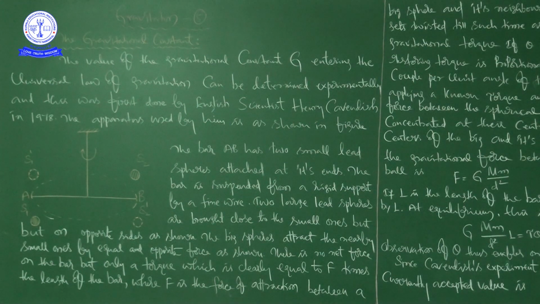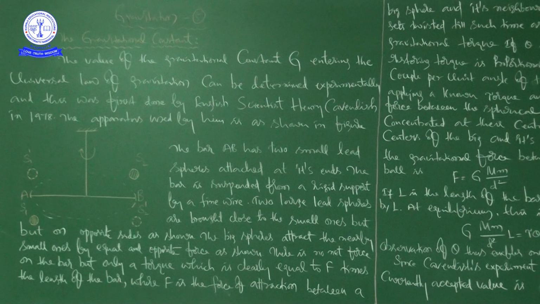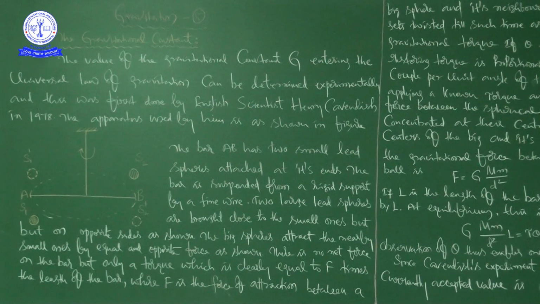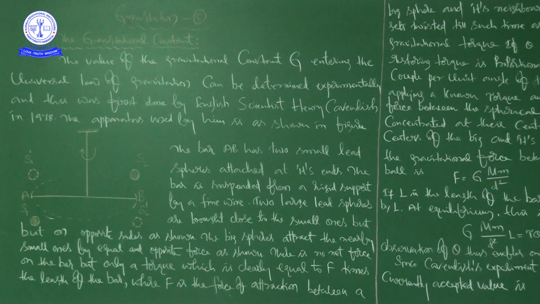The position vector r is the perpendicular distance between the axis of rotation and the point of application of force. This is what we discussed in the chapter of rotational motion.